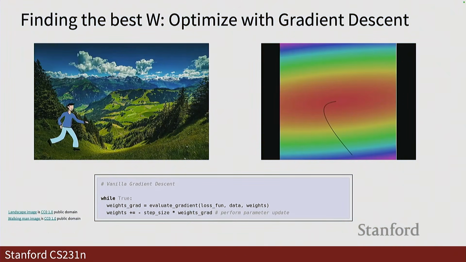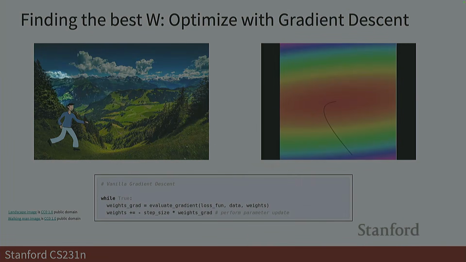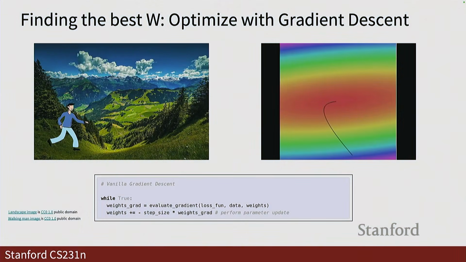Next, we talked about general optimization, how to find the best parameters W for the neural network. In doing so, we talked a little bit about the loss landscape being a large valley, as shown in this image.